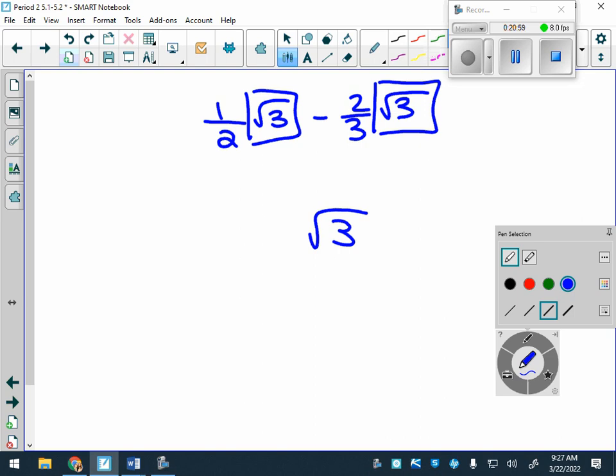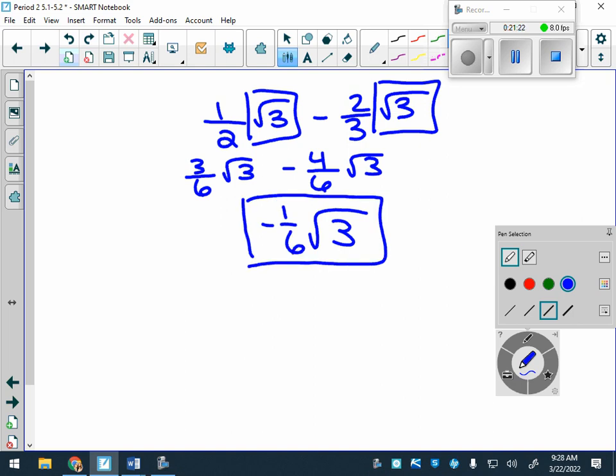Common denominator. So which would be what? 6. So I'm multiplying this one by what? 3. So I have 6, 3. And this one, what am I multiplying by? Now am I able to subtract? Yep. That's it. Okay.